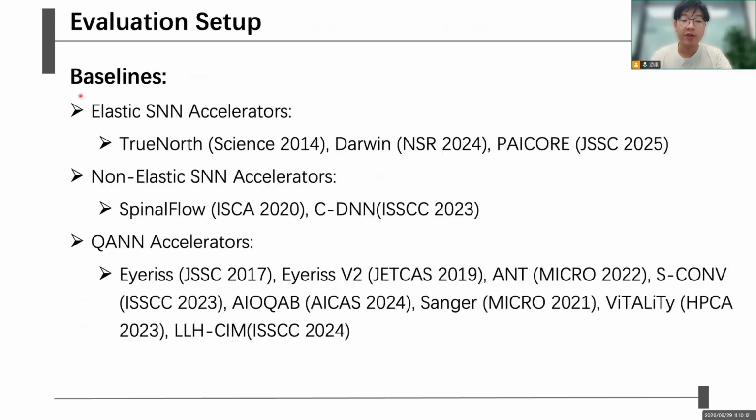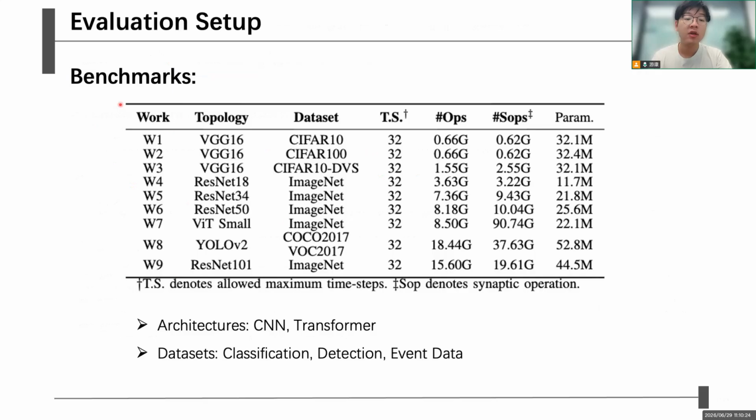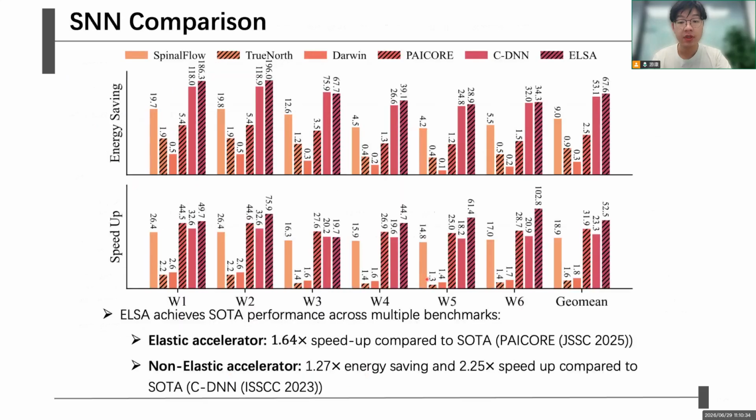Then, for the evaluation, we compare ELSA against 3 different categories of baselines, including elastic SNN accelerators, non-elastic SNN accelerators, and QNN accelerators. The comparison is conducted across 9 benchmarks, covering both CNN and transformer architectures and diverse tasks and datasets.